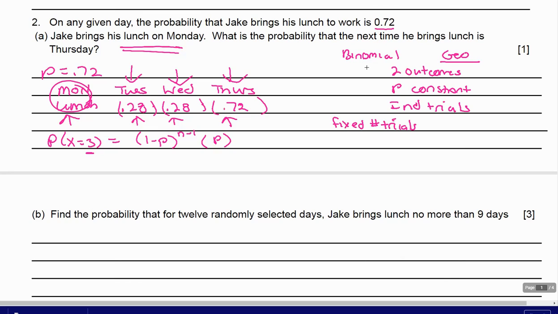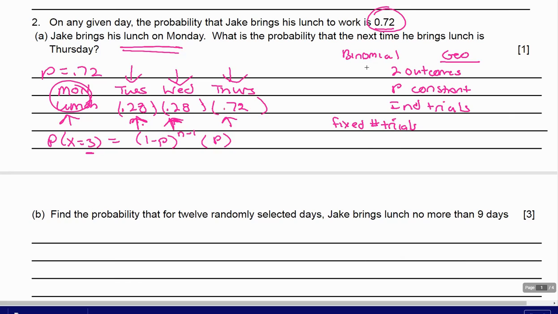Right. See, a lot of people did that because, like I said, it seems like the probability of bringing my lunch. But keep in mind, in this case, if the first time I bring it is on Thursday, that means I didn't bring it here and here. And so I have to include those probabilities. Does that make sense?